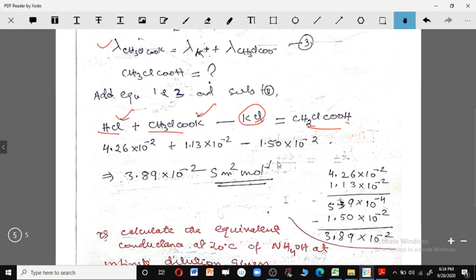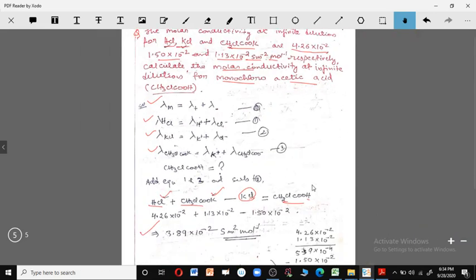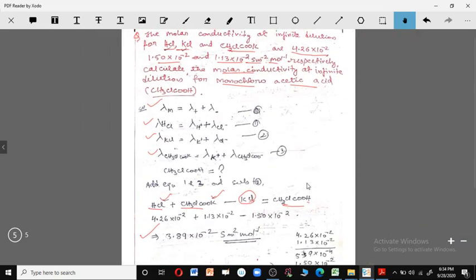When you calculate, you will get the result. These are some of the calculations for molar conductivity with the help of Kohlrausch law.